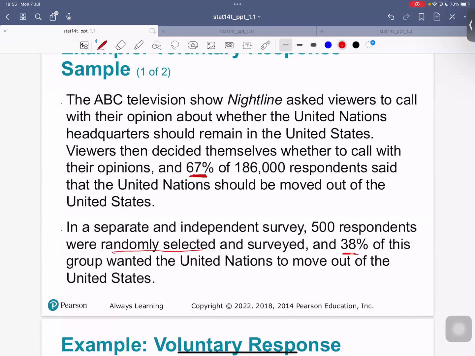When you see randomly selected, that's the main point. So in this case, the smaller group, even though they are smaller, is going to give a better result because they are randomly selected, and the other has biased opinion. Yes, I agree with you.